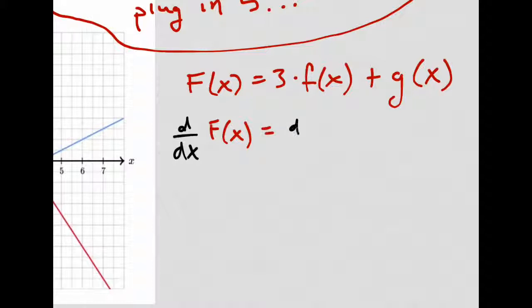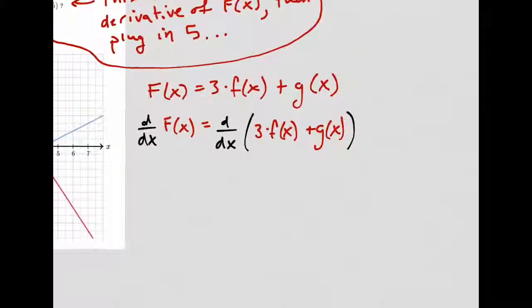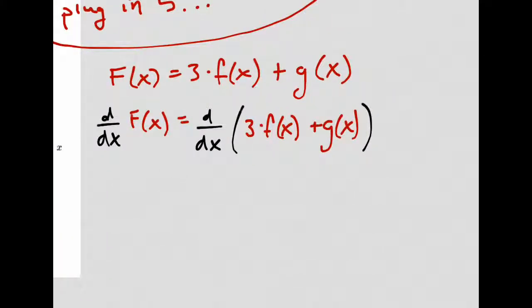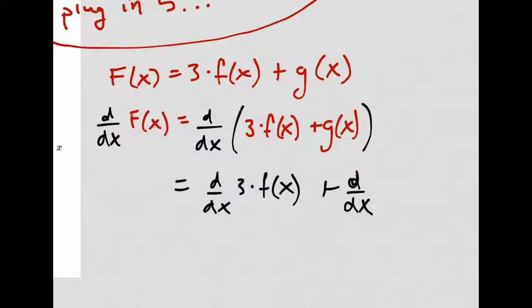I'm going to just take the derivative of both sides, d/dx of all this stuff. This is new information for you guys, so make sure you're writing this part down. This is equal to d/dx of 3 times f of x plus d/dx of g of x.